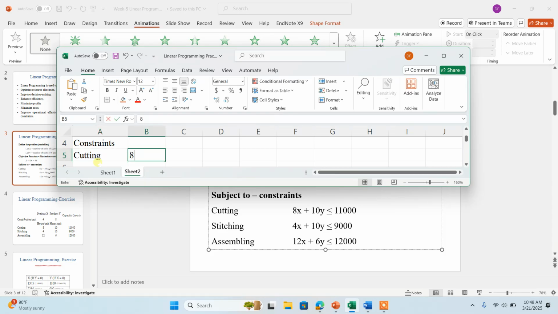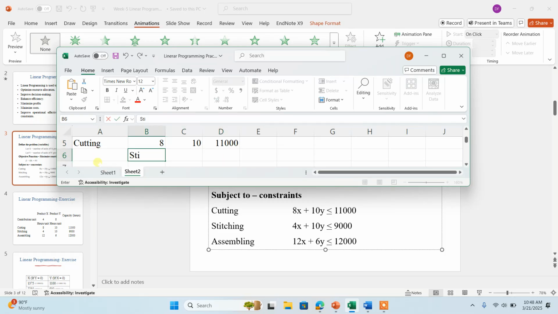The cutting department requires 8 hours to produce 1x, and it requires 10 hours to produce y, and the total number of hours I have is 11,000.